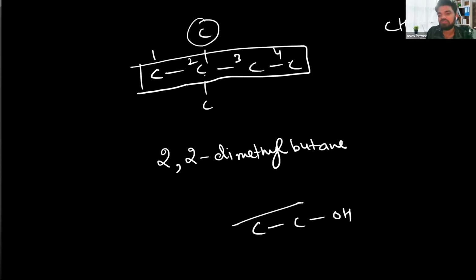Select the longest carbon chain. This is the longest carbon chain. There is no branch here, no functional group other than the main functional group. So there is no prefix. When there is no chloro, bromo, iodo, or nitro, there is no prefix. There is no functional group which is going to have a prefix. So after the prefix, we have the root. For 2 carbons, what is the root?